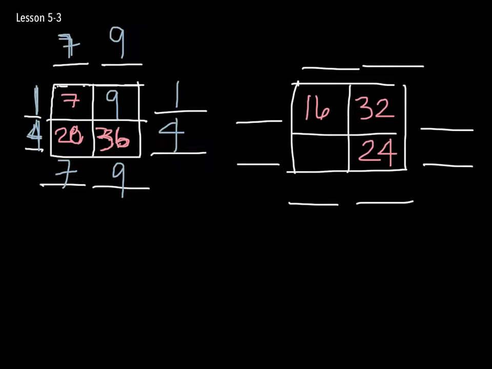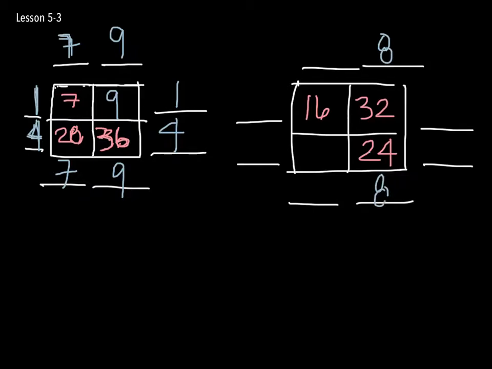Alright, now let's look at this one. We've got 16, 32, 24. So what times what will give us 16? Well, we've got a 2 and an 8, a 4 and a 4. There's going to be lots of things. So let's check and see what we got. Well, we know we have 32 and 24. Those are both multiples of 8. So let's just start with 8. What times 8 will give me 32?